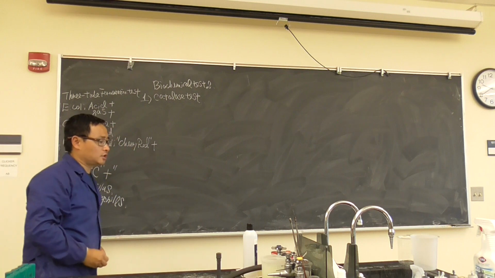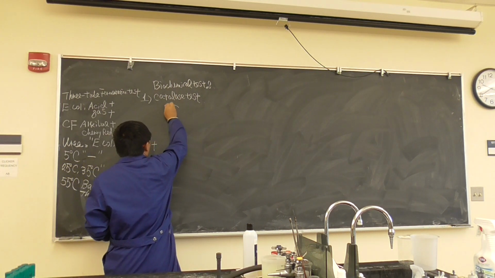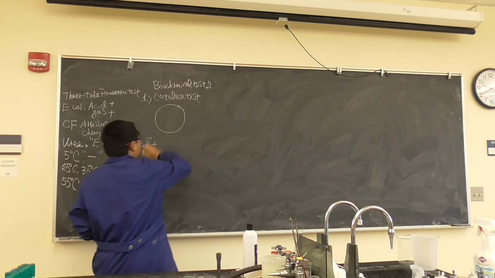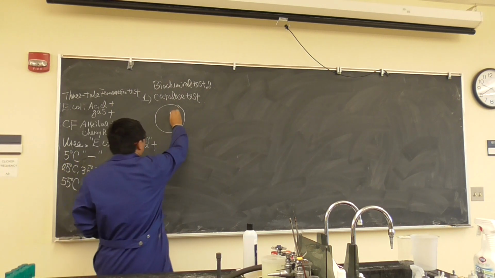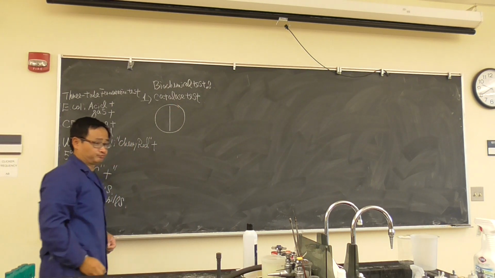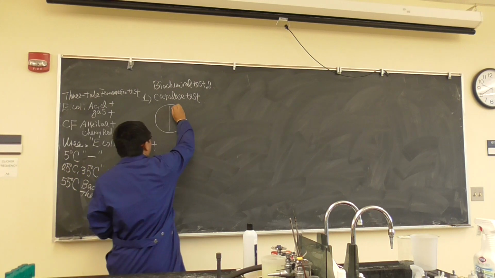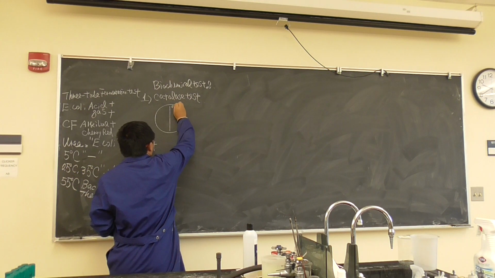Okay, catalase test, how to do it? Everybody grab agar plates. Split them into 2. Of course, you write your name, initial, and date there.